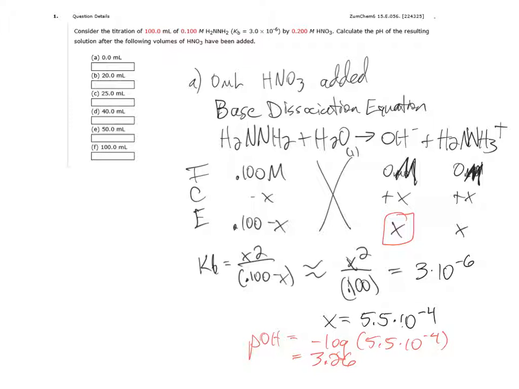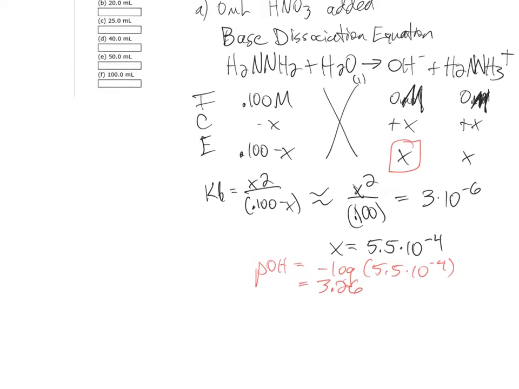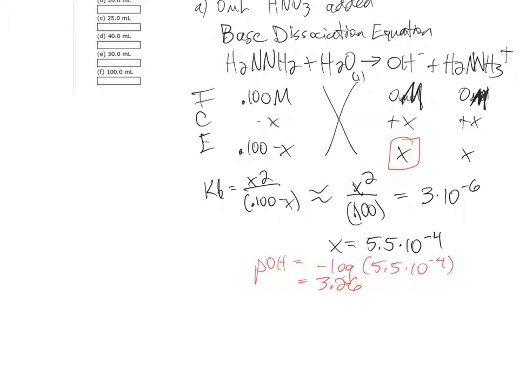Since they're asking for pH and not pOH, we'll just subtract from 14. And it works out to be 10.74. Okay, we've got the answer to part A.